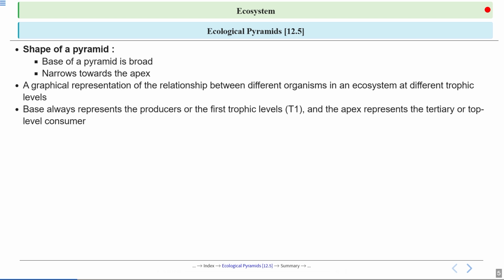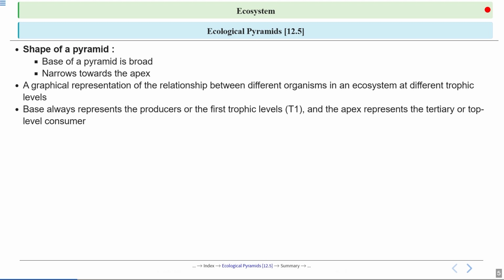The base always represents the producers, or the first trophic level, represented by T1. The producers make their own food through photosynthesis. The pointed top, or the apex, is for the top level consumers who eat other animals and have no predators of their own.